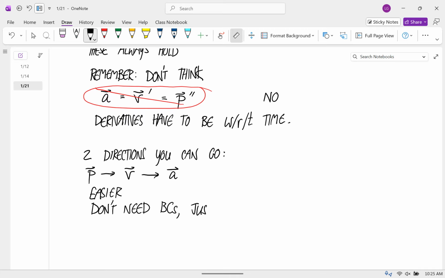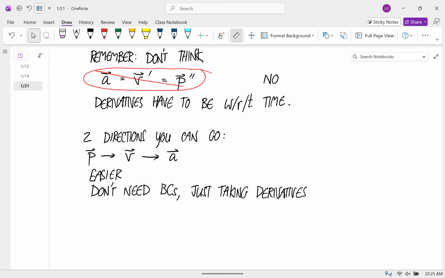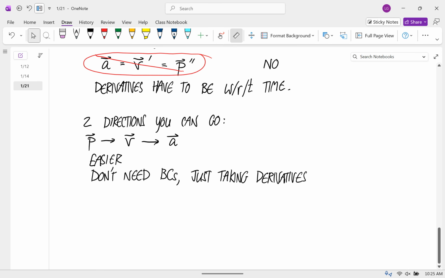You're just taking derivatives. So you can think of this as the derivative direction.